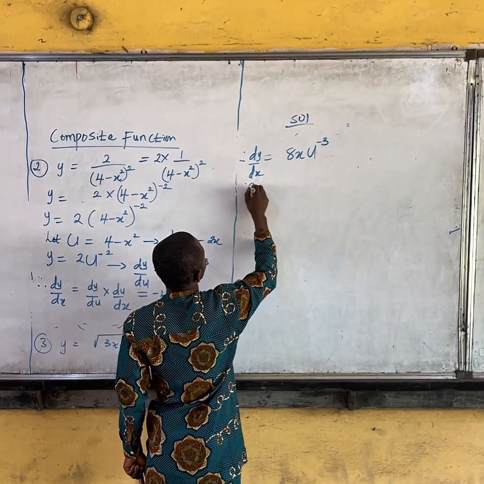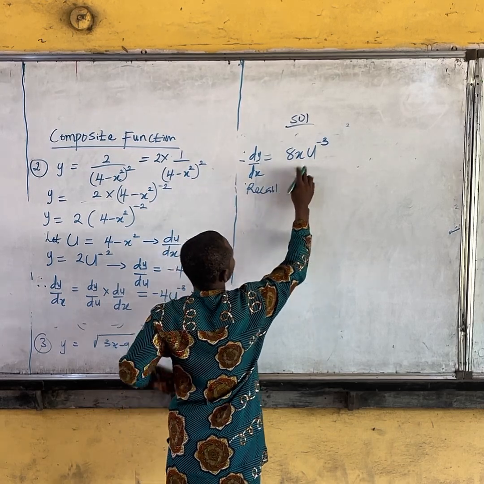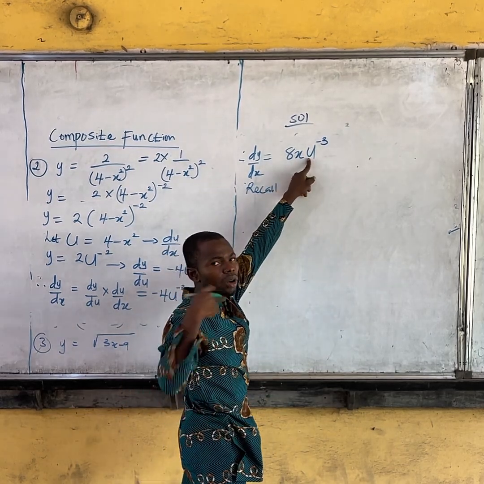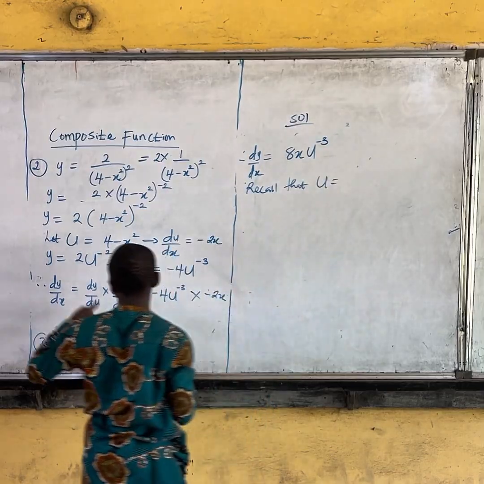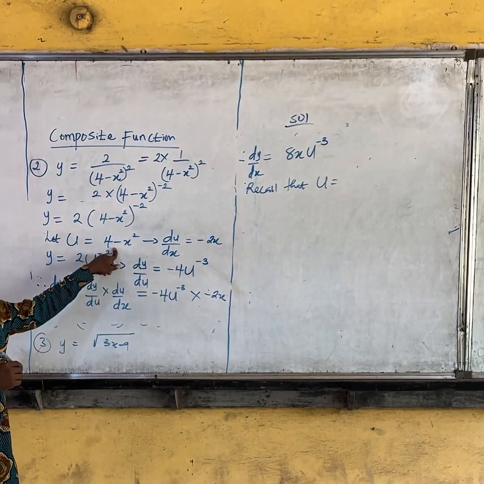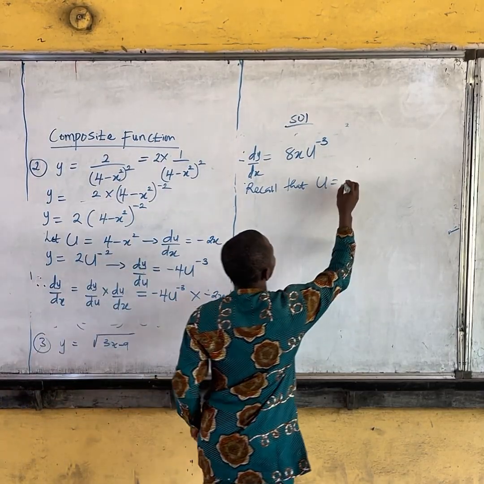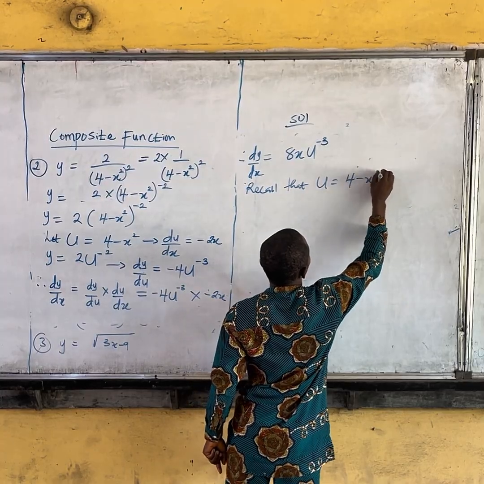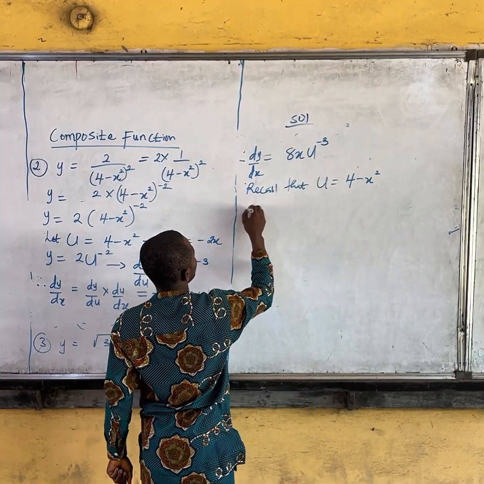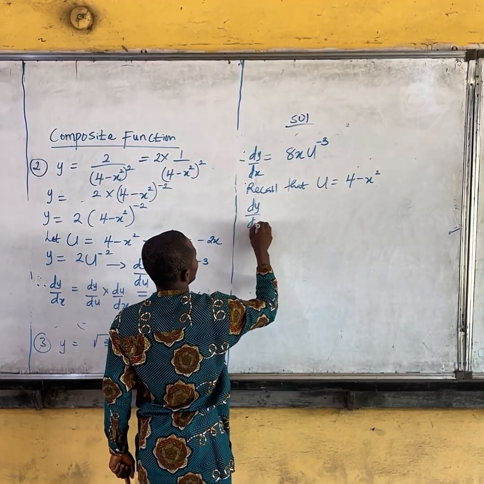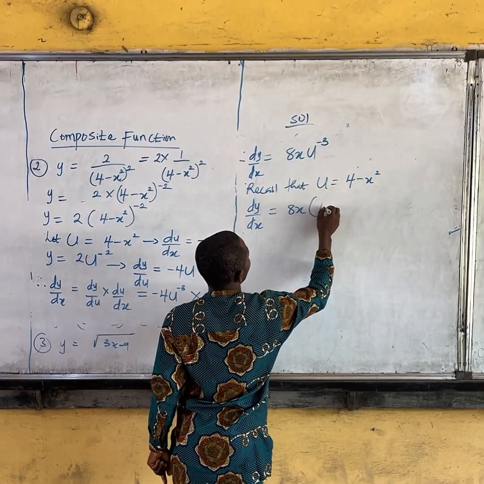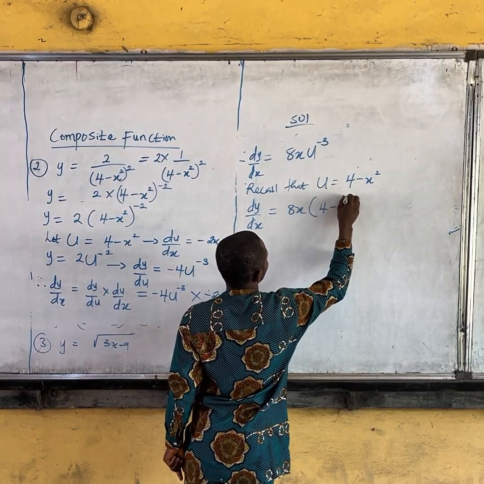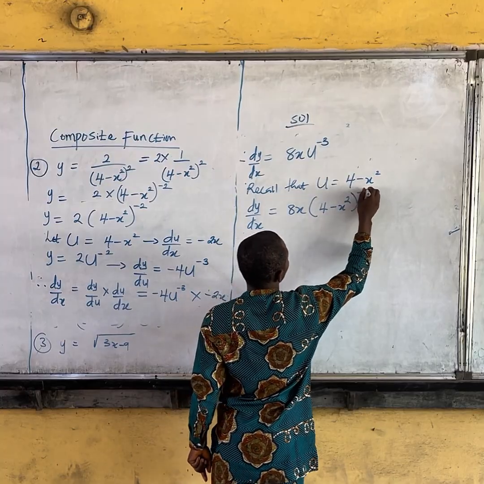Now, in conclusion, recall: you know there is no u in the question, so you have to recall back. You said let u be 4 minus x squared. So u is now 4 minus x squared. You substitute u back, so dy over dx will now be 8x bracket 4 minus x squared raised to the power of minus 3.